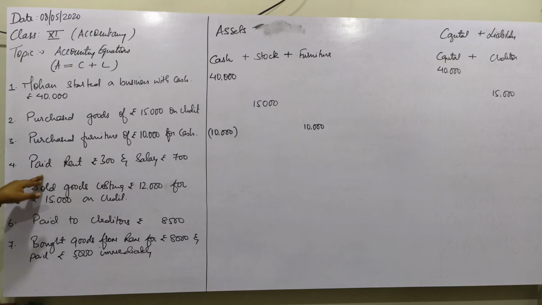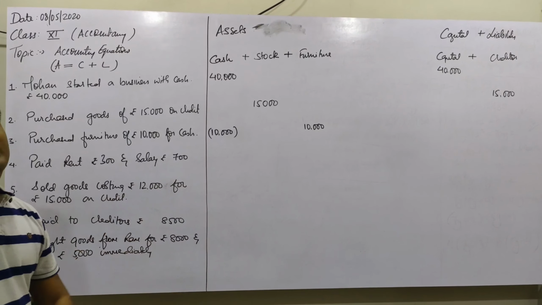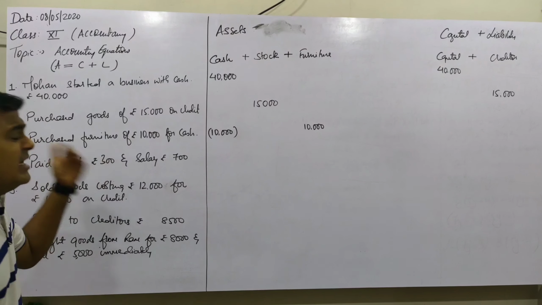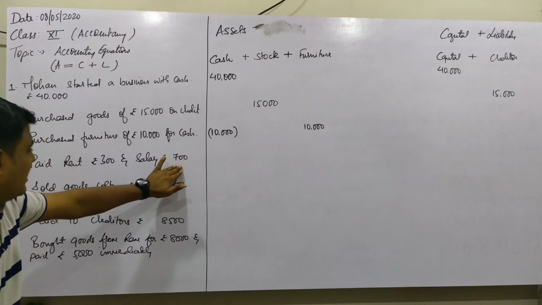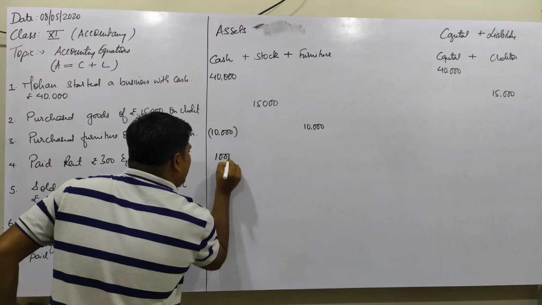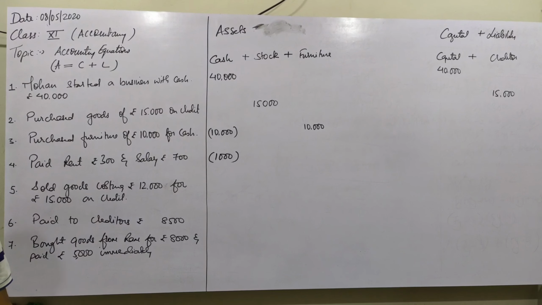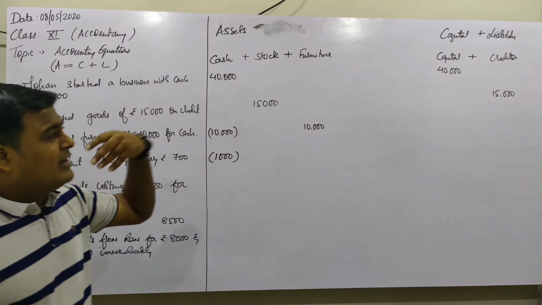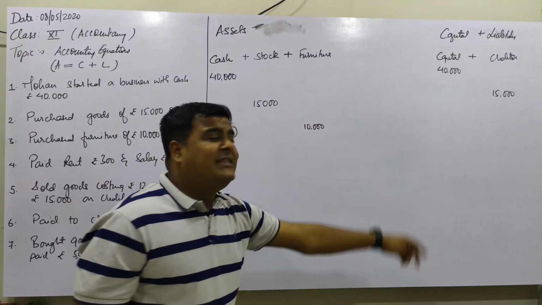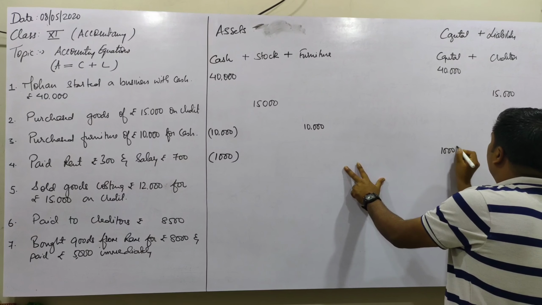So let us see here, this transaction says that paid rent rupees 300 and salary rupees 700. So the payment will be in cash. 700 plus 300, cash goes out from the business, that is 1000 rupees is deducted, and here 300 and 700 is expense for the firm, so it will result in a decrease in the capital, that is 1000 rupees capital will be decreased.